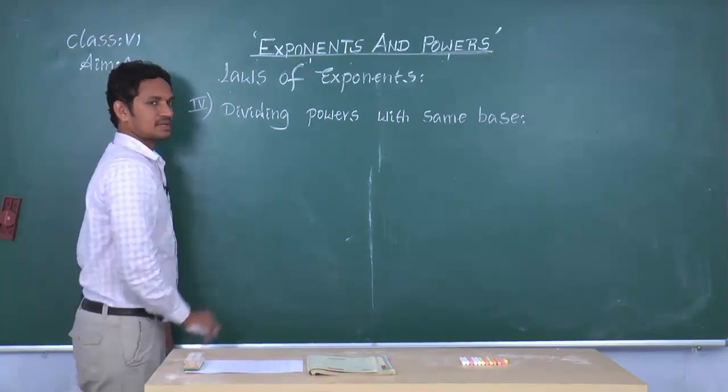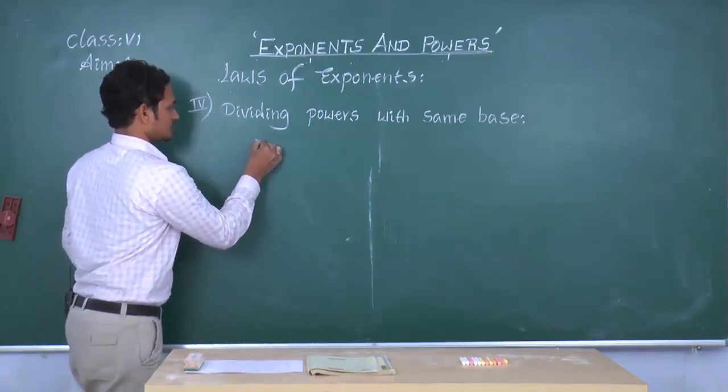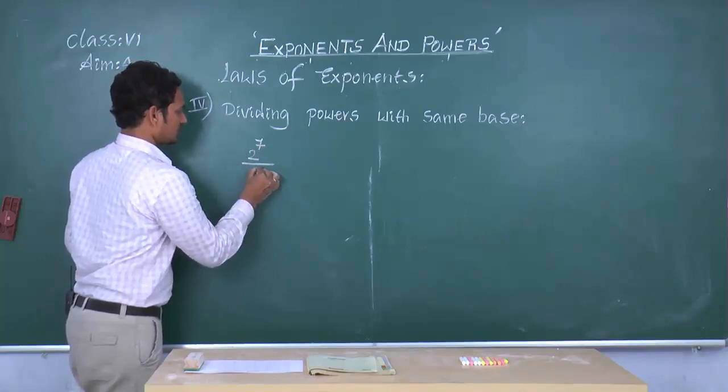Here I am taking the first example, 2 power 7 divided by 2 power 3.